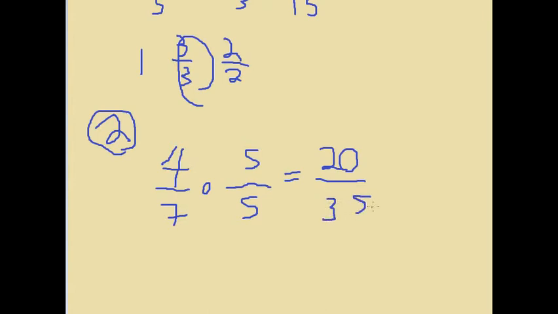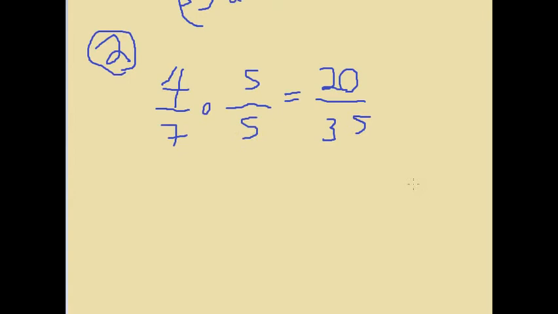These fractions are equivalent. Now, one way that you could check your work is to take this same equivalent fraction which you just got, 20 over 35. So write it here. So 20 over 35. And then just divide it by any of these numbers, either by 4 out of 7 or 5 out of 5. The reason that you're going to divide by one of your old fractions is because it'll give you the other fraction.